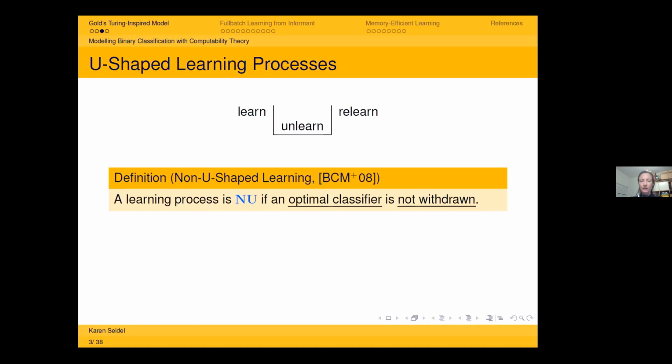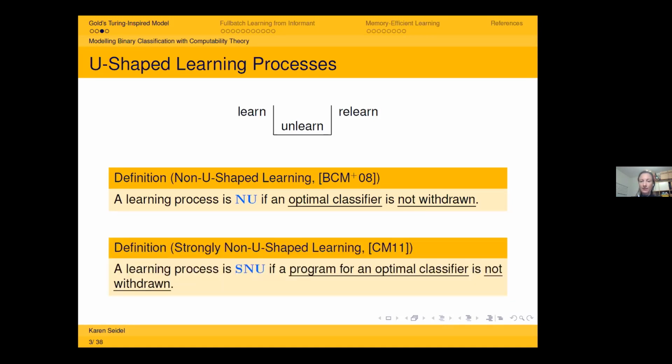The second definition that was analyzed is so-called strongly non-U-shaped learning. This says that not only the classifier is not withdrawn, but also the program for the classifier is not withdrawn. In the first definition, the algorithm would be allowed to output another hypothesis that stands for the same half space, but maybe is encoded differently. In the second case, even the parameters that are output are not allowed to be changed.